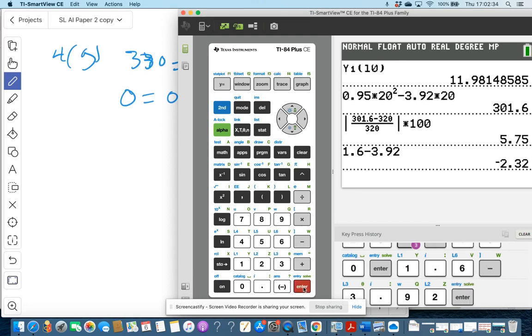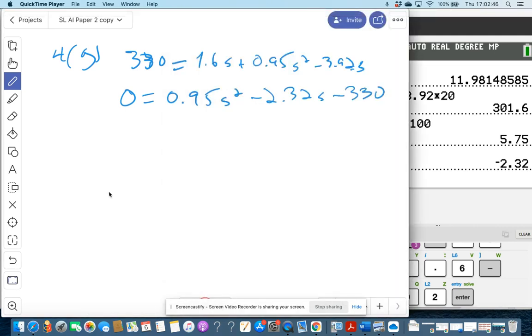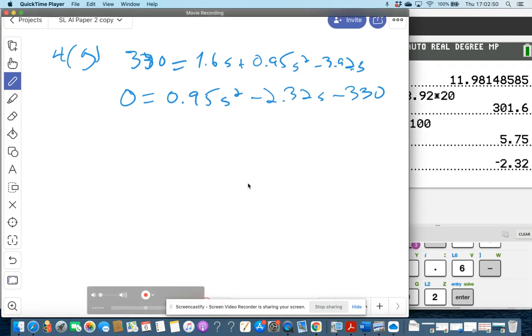Those combine to negative 2.32 for S. And then I'm subtracting 330 from both sides. So this is the quadratic that I want to solve. Again, not very likely to factorize this.